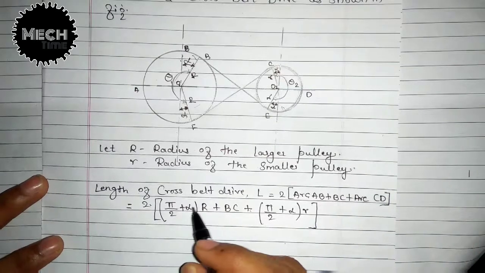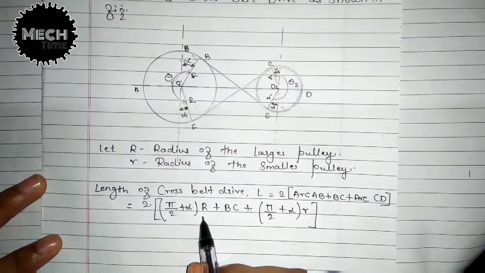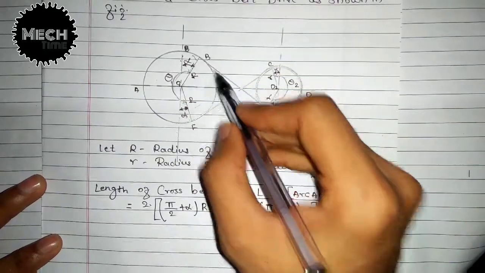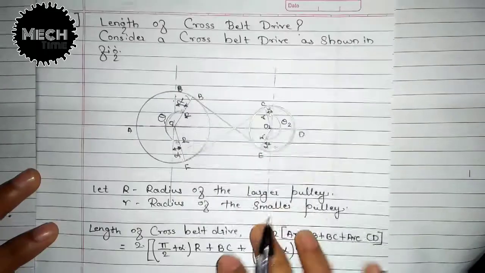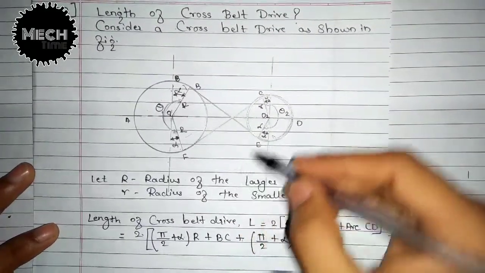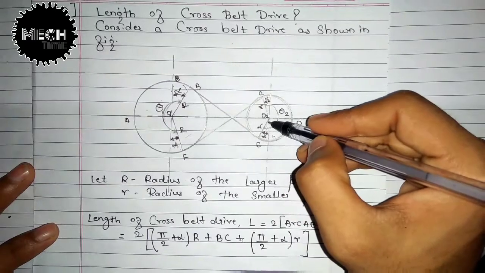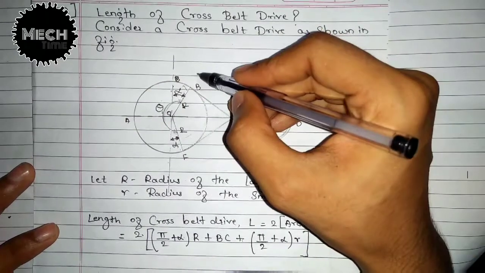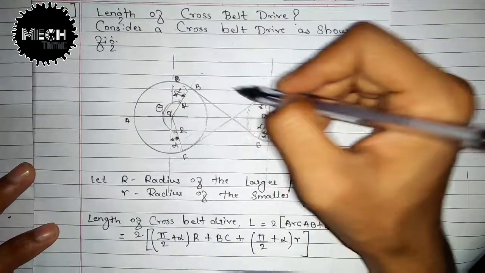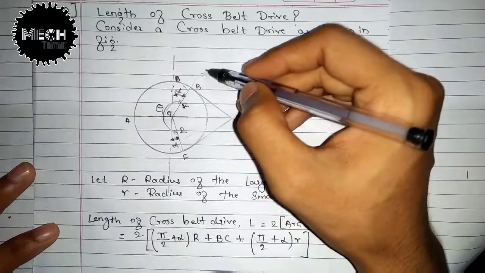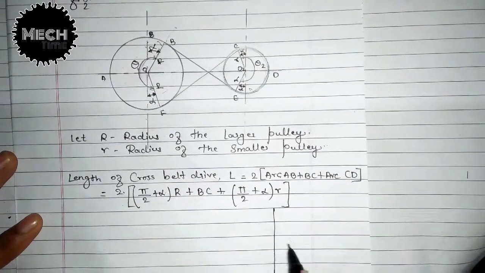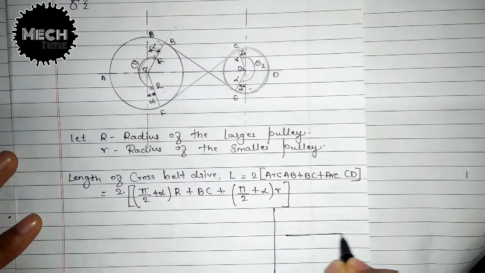Now we need to find the value of BC. We have got the values of AB and CD, but we don't know the value of BC. This is capital R and this is small r. If I transfer the small r length to here, you will get this type of view, which I'll show roughly.